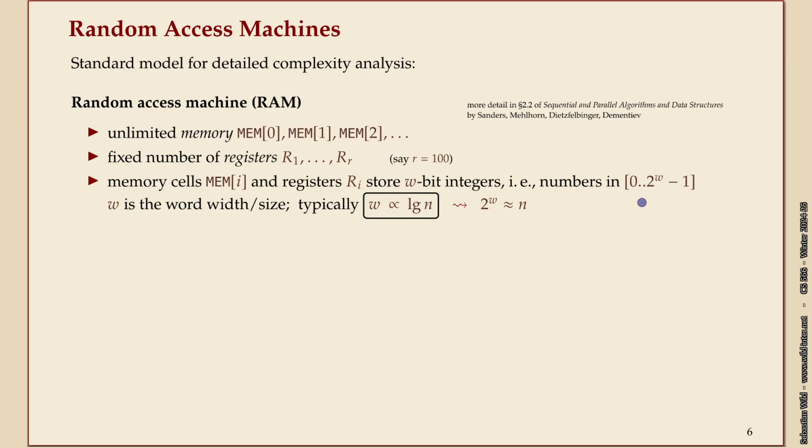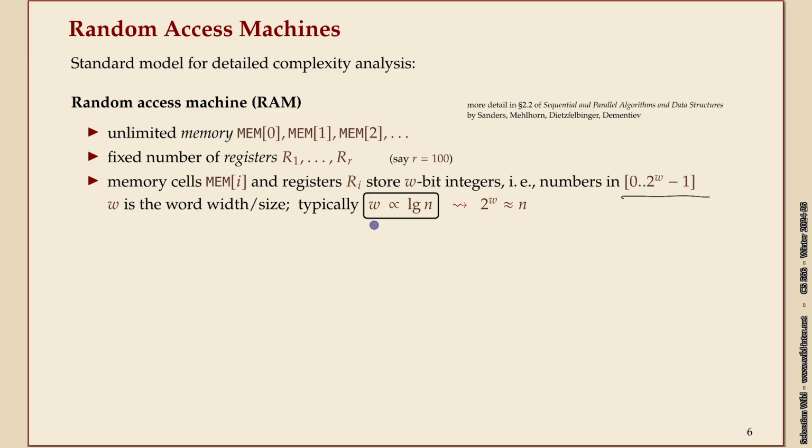So if you have w bits, you can represent numbers in this range. Let's stick with positive integers. You can simulate all else based on that. W is called the word size. That's what W stands for. A word in a computer is just the piece of bits that it can work with in constant time or in one cycle.